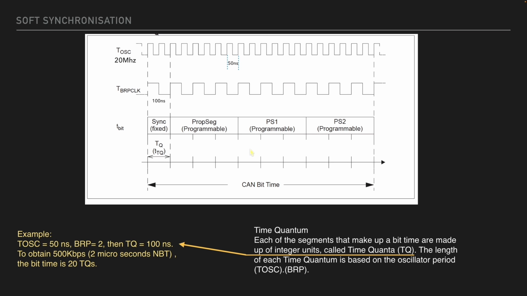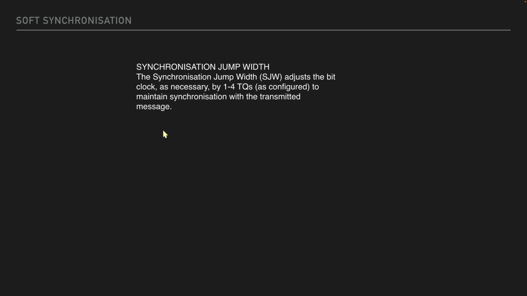Now, if you don't have enough TQs on your bus to adjust for the length and phase errors and all that, then you might have to change your prescaler. So that's the principle, and that is a design aspect. When the edge is detected, it has to happen within the sync segment.